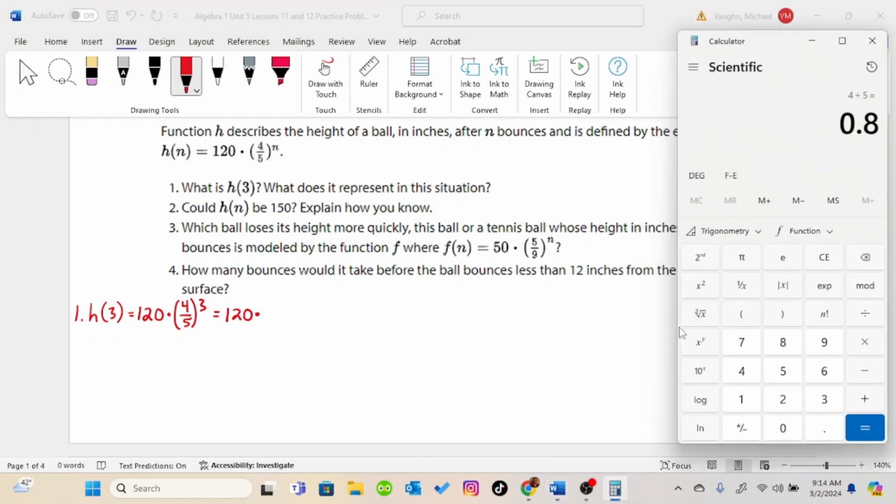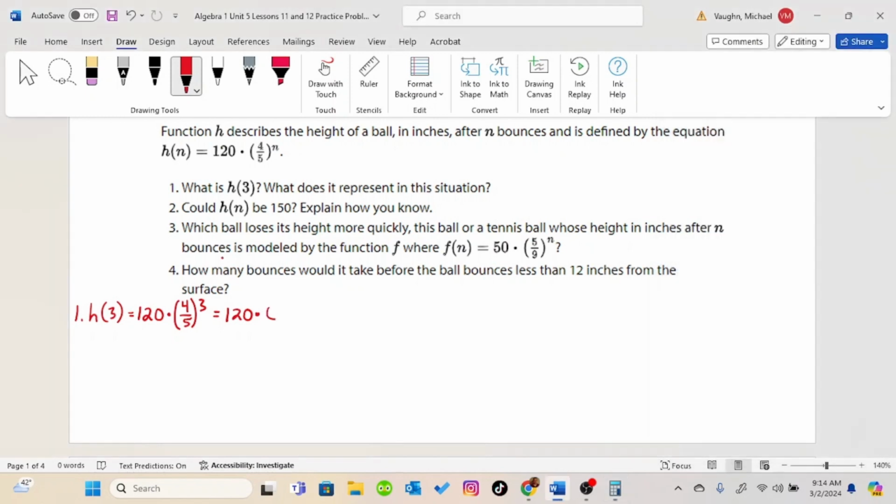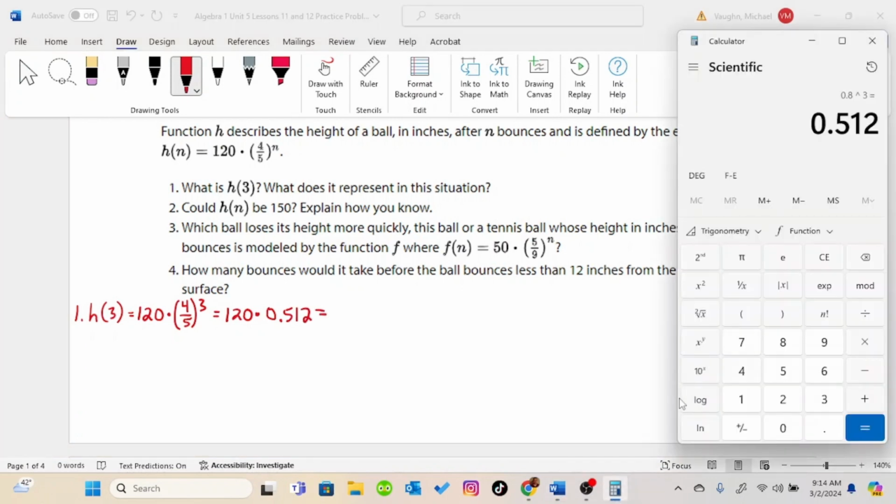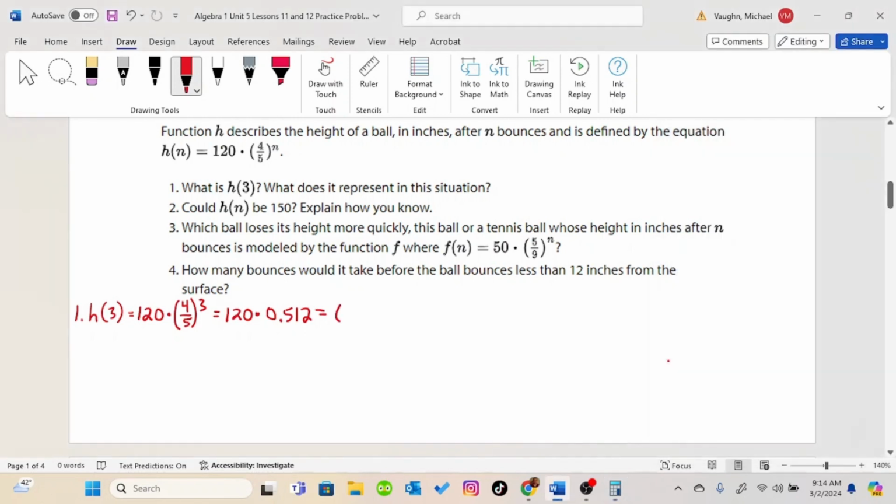Now, we can go to the calculator. 4 divided by 5 equals 0.8. And now we're going to take 0.8 to the power of 3, and that equals 0.512. And now when we multiply that by the original 120, we have 61.44.